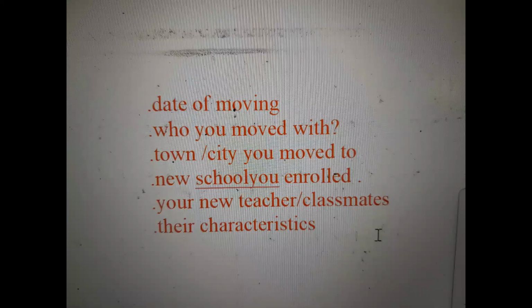The English paper twos as well as the Shona paper twos, you find letters there. So in that example, which are some of the things that you are supposed to put down, or some of the notes that you can include in the letter?